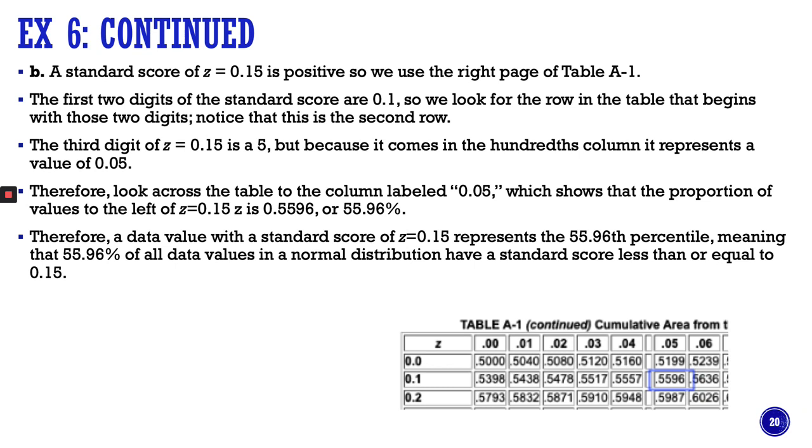Now remember, this is a decimal. We can change that to 55.96%. Therefore, a data value with a standard score of z equals 0.15 represents the 55.96th percentile, meaning that 55.96% of all data values in the normal distribution have a standard score less than or equal to 0.15.